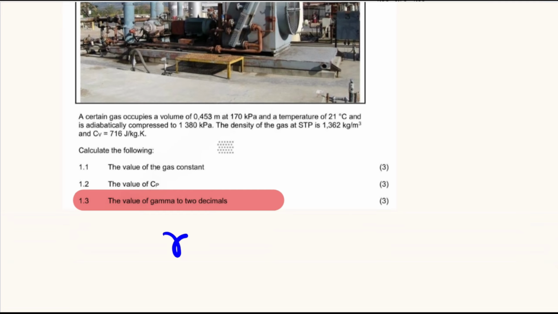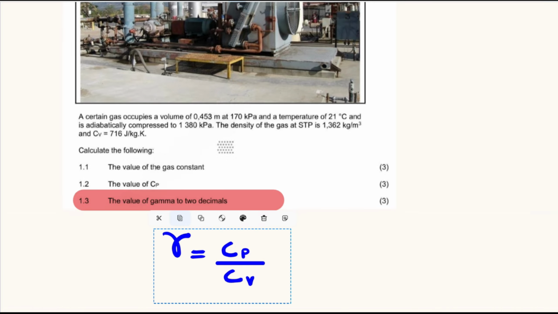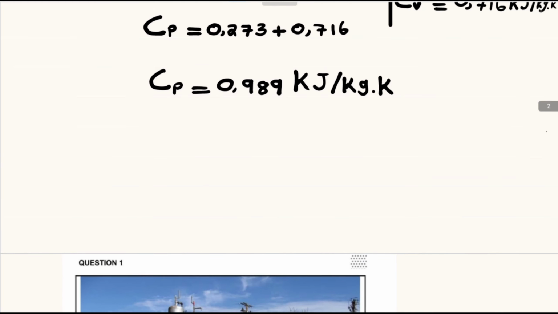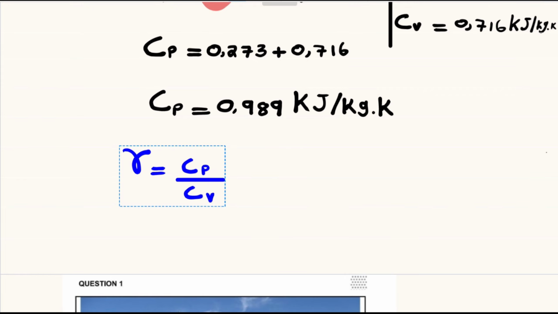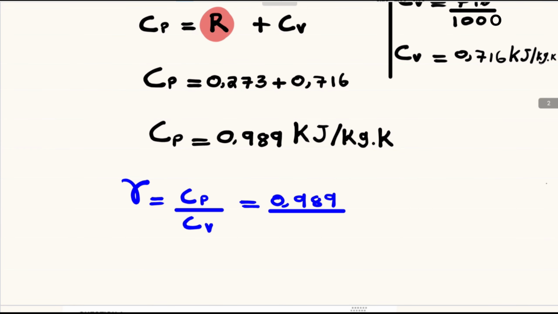The formula to calculate gamma: gamma is equal to Cp, the specific heat capacity under constant pressure, divided by Cv, the specific heat capacity under constant volume. So our gamma will be equal to our Cp, 0,989, and our Cv is 0,716.